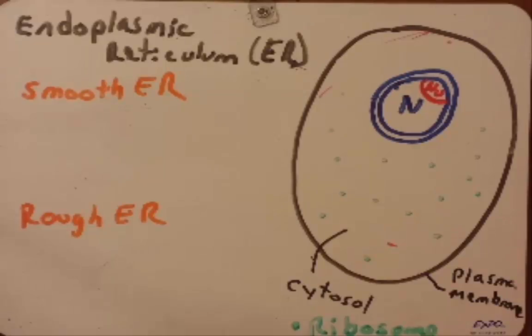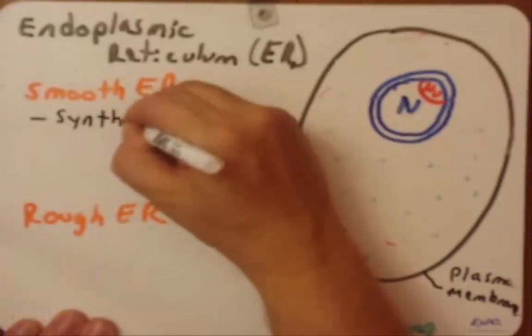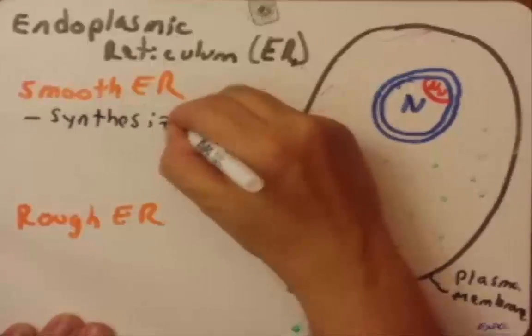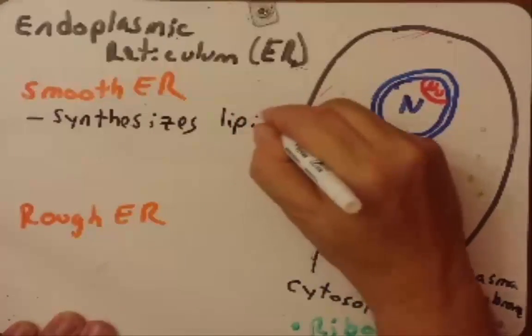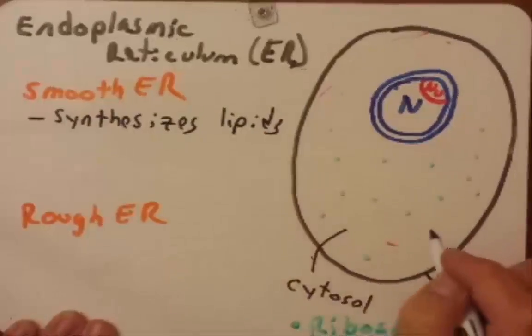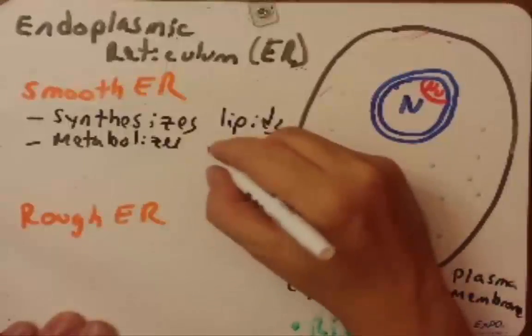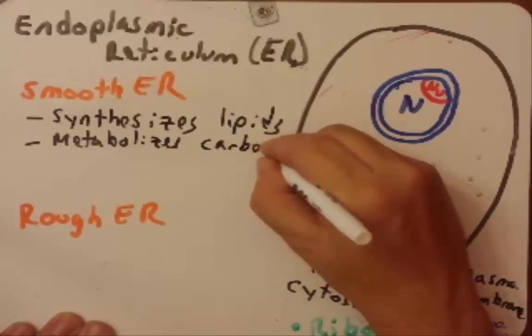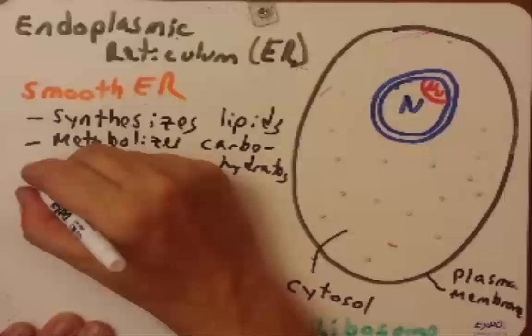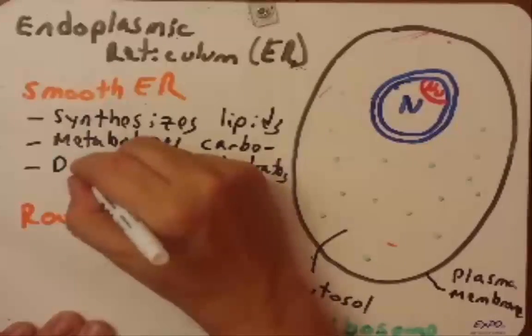It has several functions. It synthesizes lipids that the cell will use. It metabolizes various carbohydrates. A very important role for it is that it detoxifies drugs and poisons.